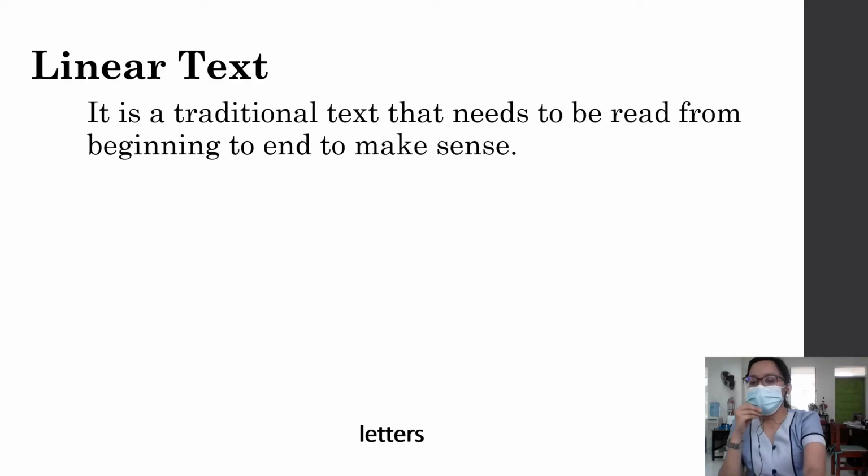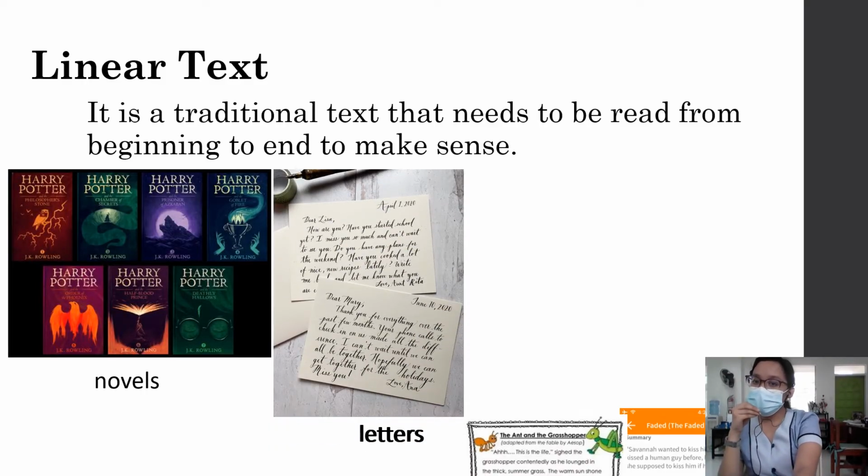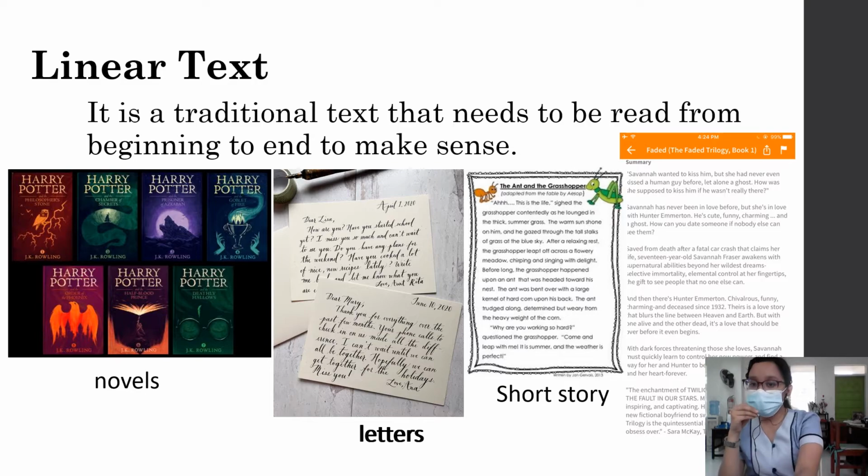To give you an example, these are the novels, letters, short stories. They are in paragraph forms, and these are in the form of stanzas. You have to read this from beginning to end to make sense.